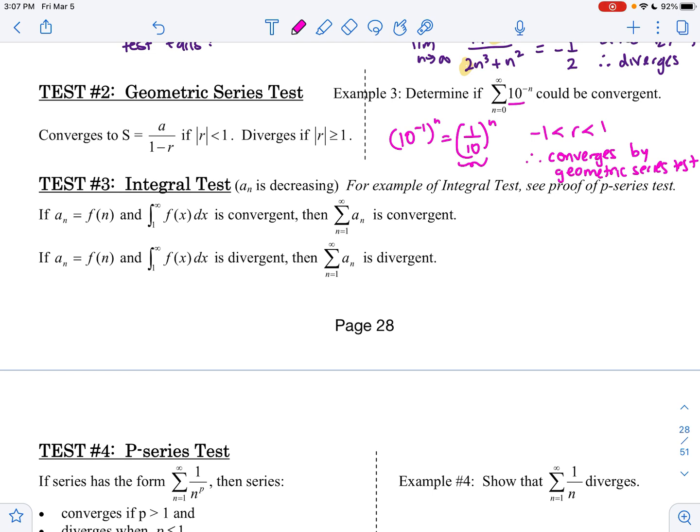So the integral of the nth term behaves the same way as the series. That statement I will summarize below here: the integral of the nth term behaves the same way as the series.